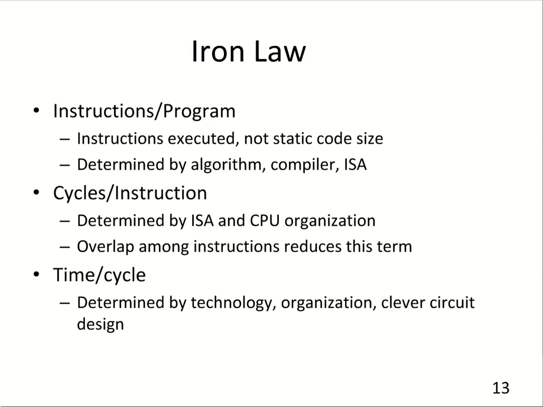So the more overlap you can create among instructions, the better effective cycles per instruction you can achieve. Just like in that food buffet line, if you can get 5 people to the buffet ladling food onto their plates in parallel, you'll spend less time per person now actually pushing them through, and you'll improve your throughput. And the final term, time per cycle, again, is determined by all of the above, as well as the particular technology that the processor is being implemented in, and again, the organization, and also all kinds of clever circuit design techniques that we've developed over the years.